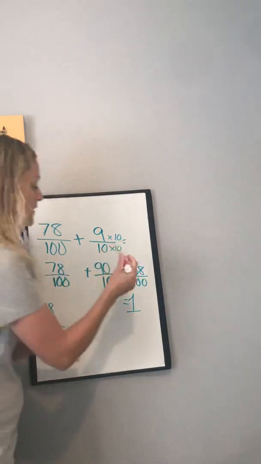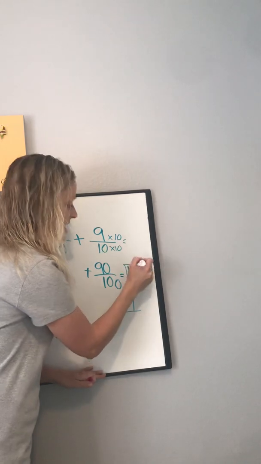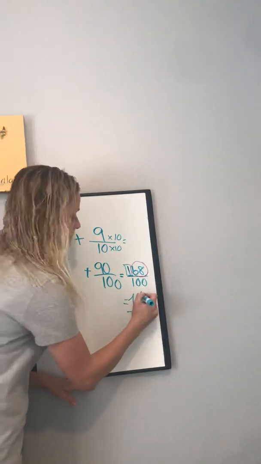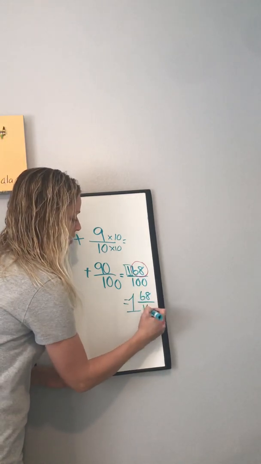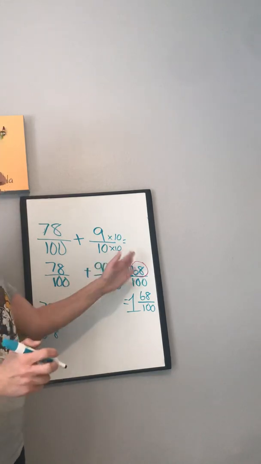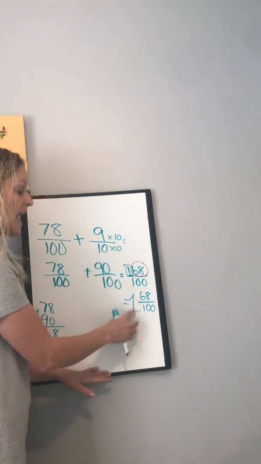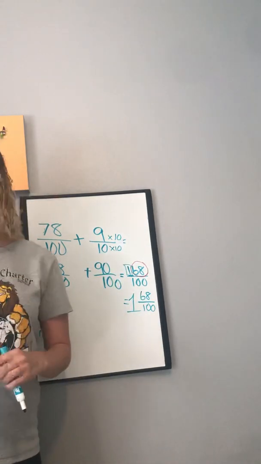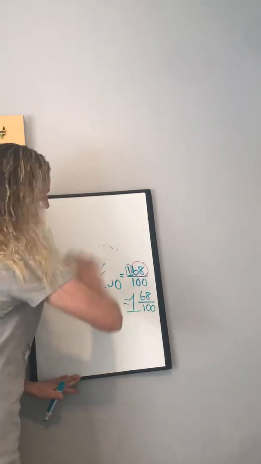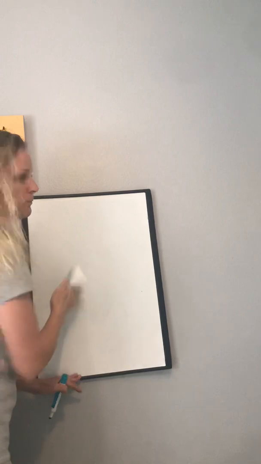I have 68. That's what's going to be left over out of 100. So I didn't actually have to go through all of that division to know 168 over 100 equals 1 and 68 hundredths.